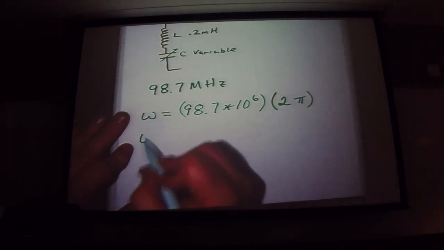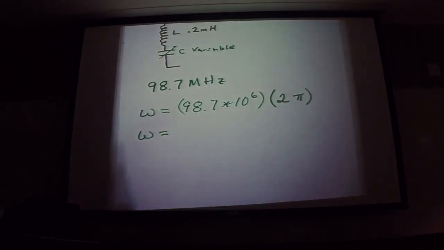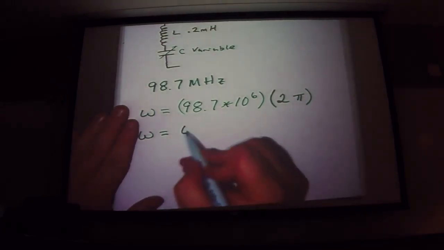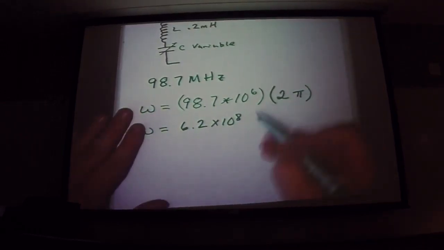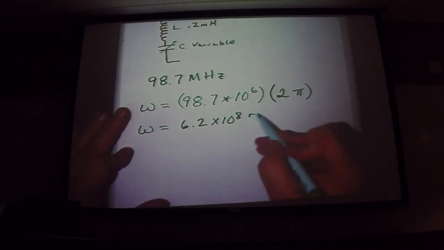Okay, so somebody please tell me what omega is. Okay, 6.2 times 10 to the 8th, that's close enough. And that's radians per second.